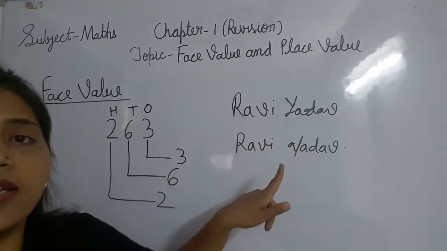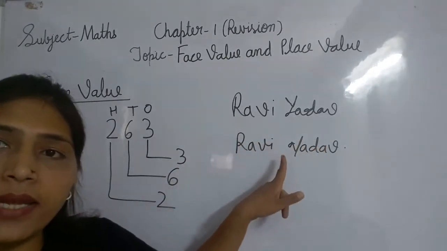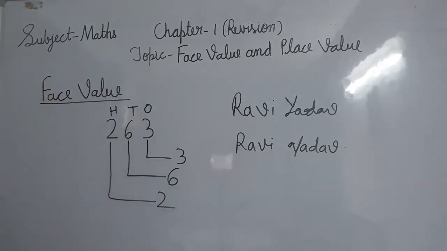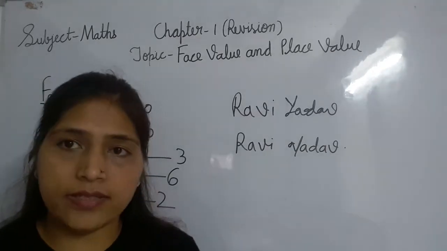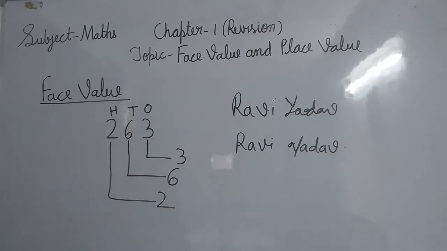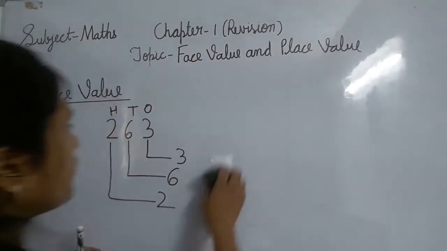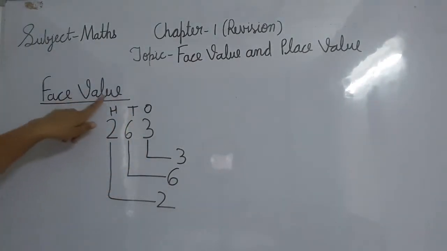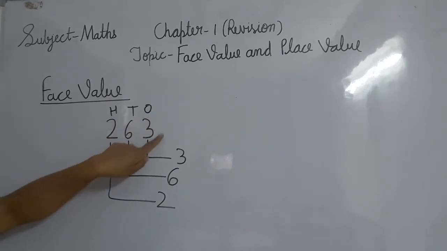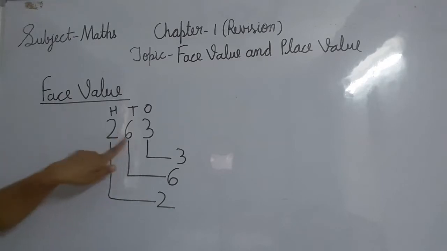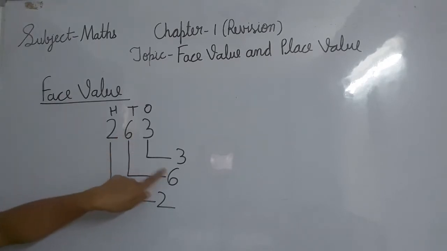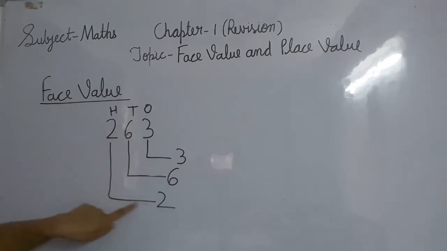Both have a similar name. So how will we identify? We will identify with their face. The same way we identify the number with its face. So the face value means how a number is looking. The 3 is looking like this, so 3 is the face value of that number. The 6 is the face value of 6. 2 is the face value of 2.